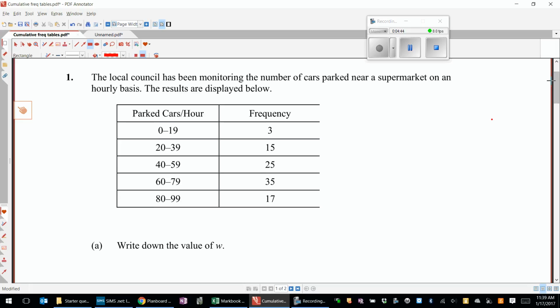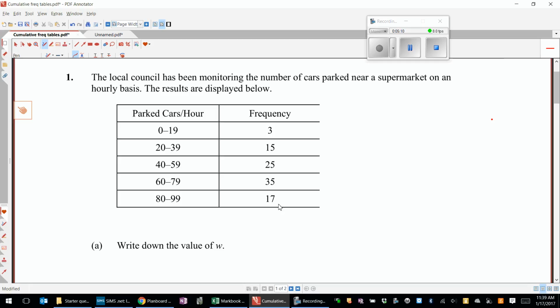How many hours were looked at? 5. Pardon? So how many hours did it take to do this survey? 5. Why do you say 5? Because there's 5. So what does the 35 mean? 95. Why 95? What have you done there? I don't know the frequencies again.